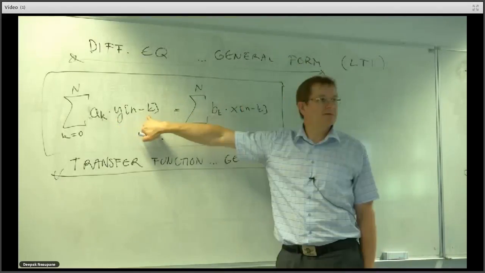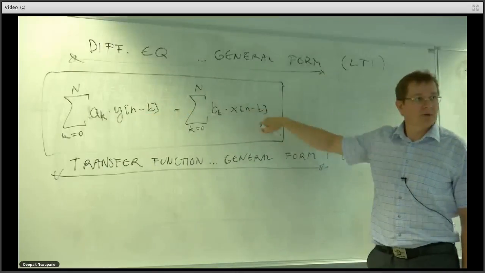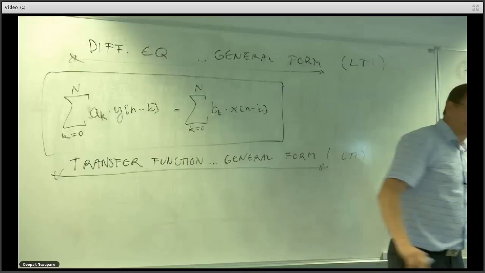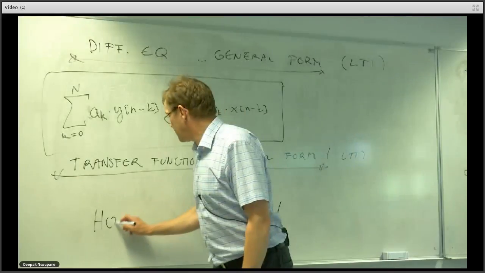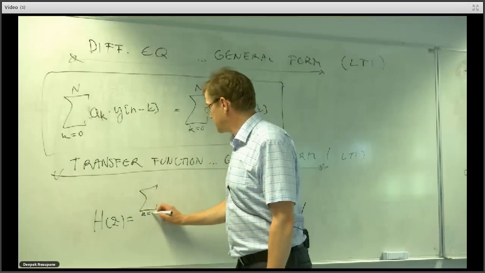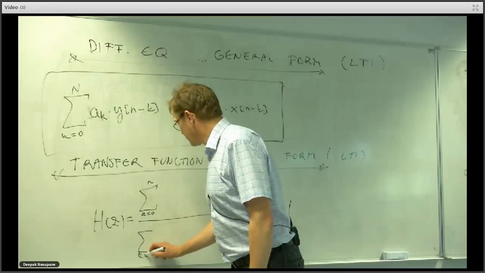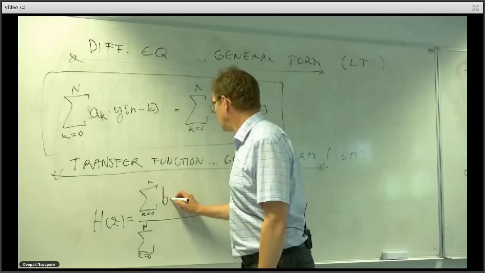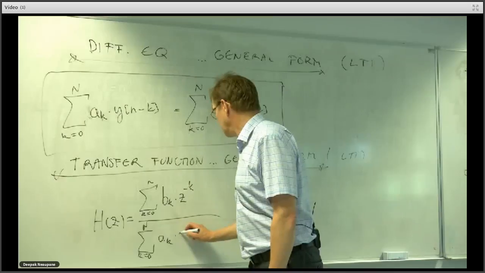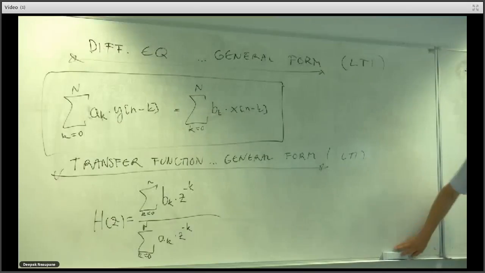Those will produce z to the minus k. The time shift actually produces that one. All the scaling factors come out. And comparing that one, H of z, the transfer function, is simply the sum of k from 0 to N of b_k times z to the minus k, divided by the sum of a_k z to the minus k. Still the general form.